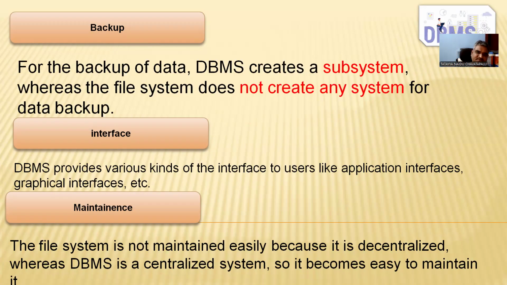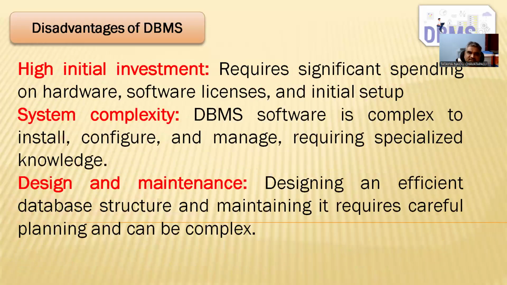Interface: DBMS provides various kinds of interfaces to users like application interfaces or graphical interfaces, etc. Maintenance: in a file system it is not maintained easily because it is decentralized. Whereas DBMS is a centralized system, so it becomes easy to maintain. Okay, these are the advantages of DBMS.